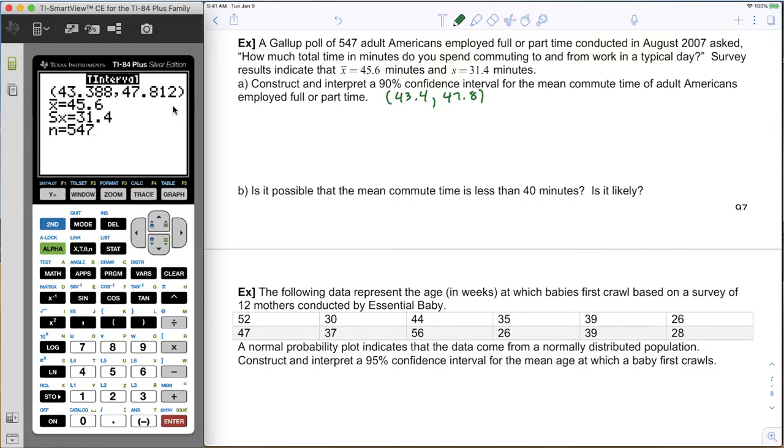Okay, so we want to go ahead and write an interpretation of this. It's the same structure as before.